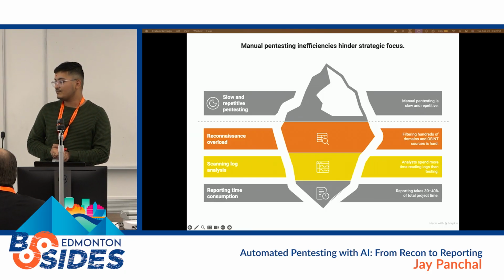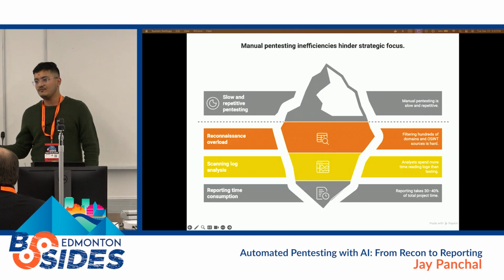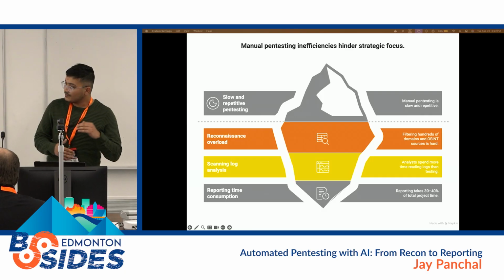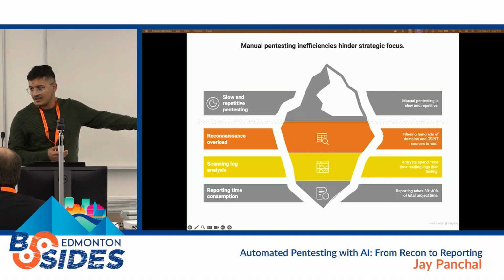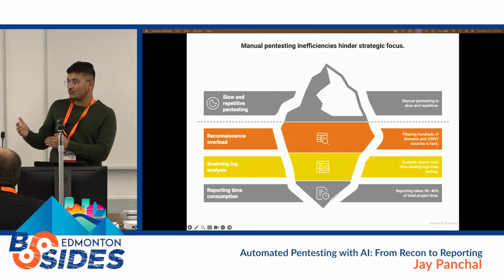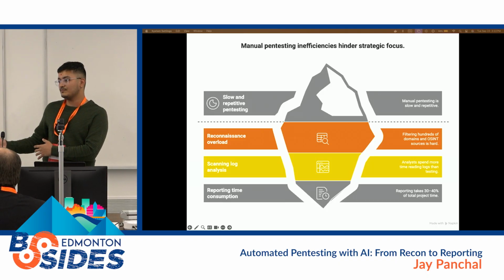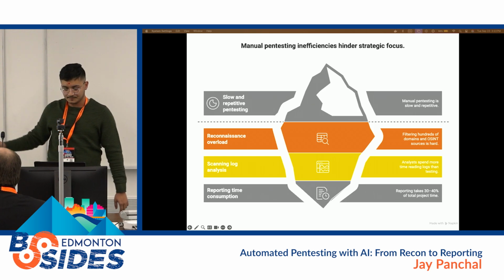When we do a manual report, it takes a lot of time to make the whole vulnerability report. So my aim is to use AI to reduce the time spent on reconnaissance, scanning, log analysis, and reporting, throughout all the OSINT work and the reporting work.